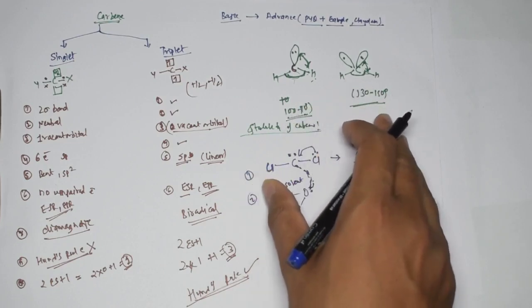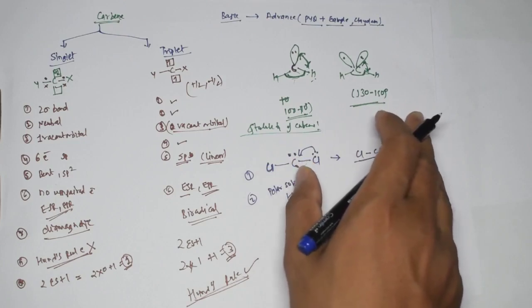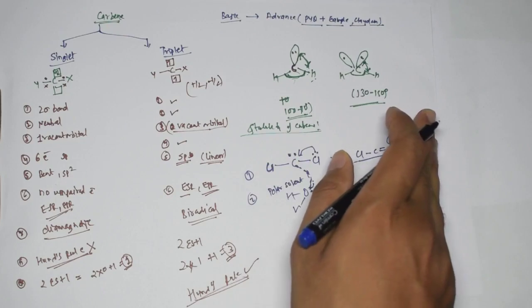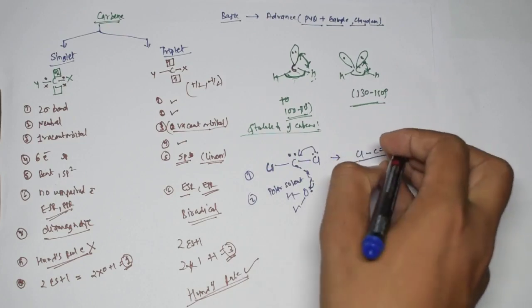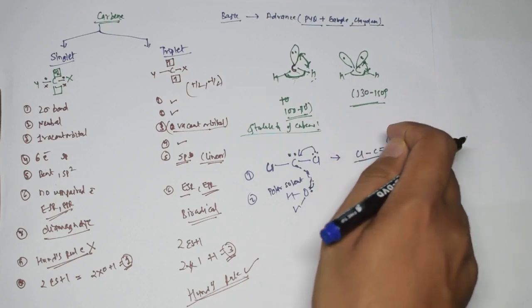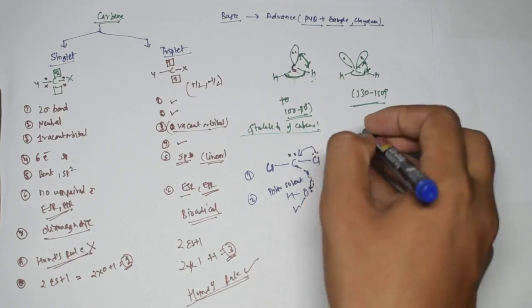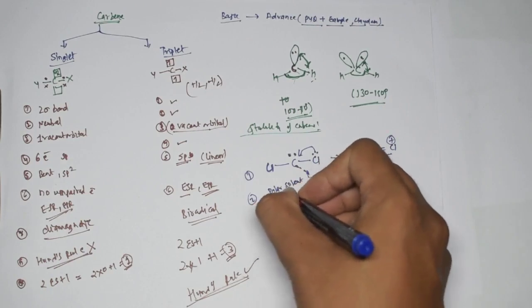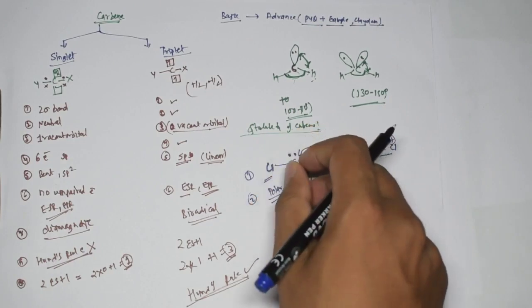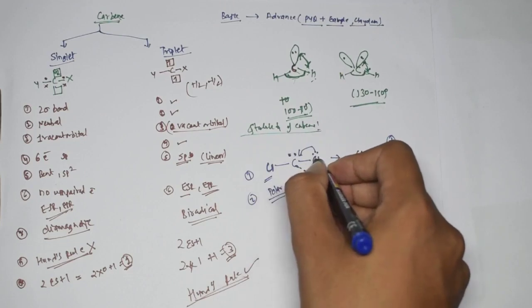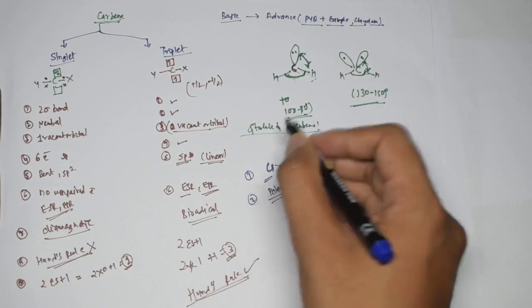Once the carbene is formed, after that any nucleophile or any reagent will attack on the carbene, and that is going to form the final product, right? So what I am trying to say is the carbenes can be stabilized using two things. The first thing, if we have any group attached with the carbene which can donate the electron.